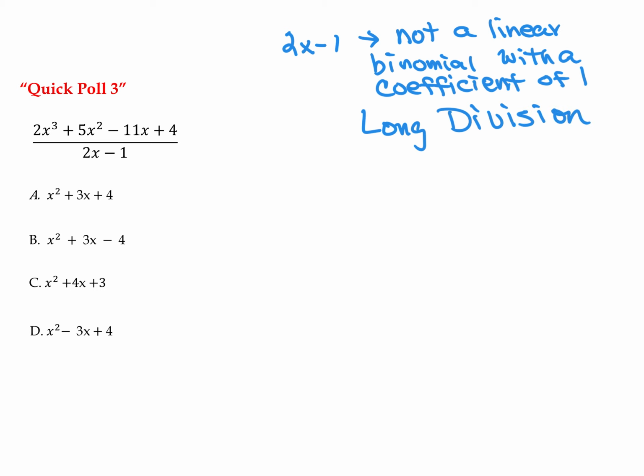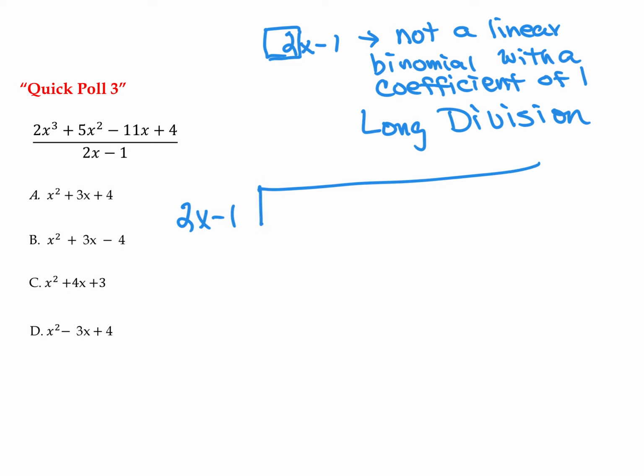All right, so in terms of doing synthetic division, this number in front of x has to be a 1. Because that is a 2, we have to do long division. All right, so let's take our problem. We have 2x minus 1.